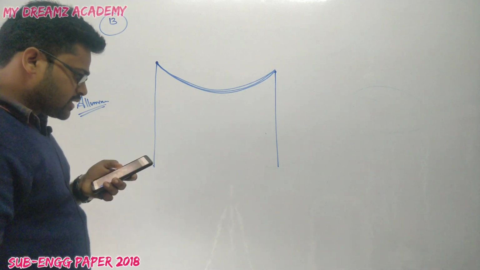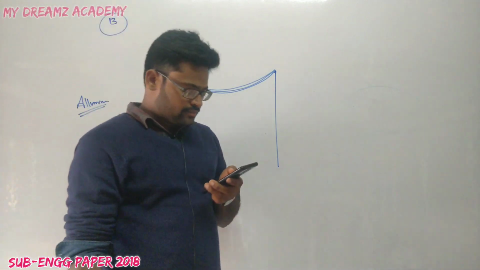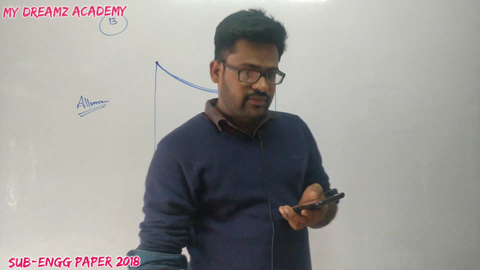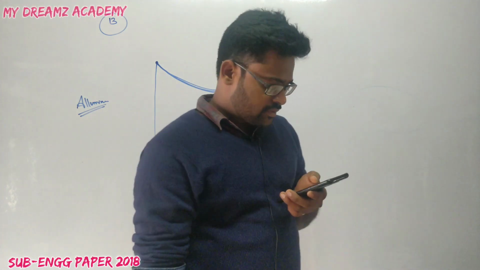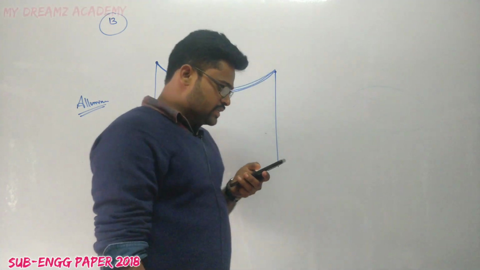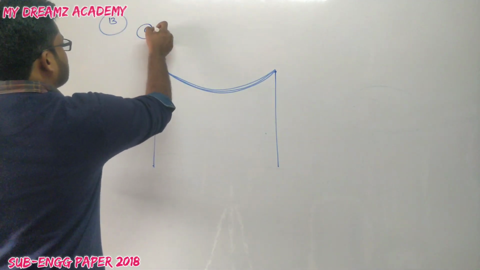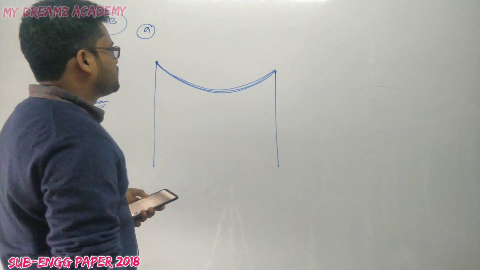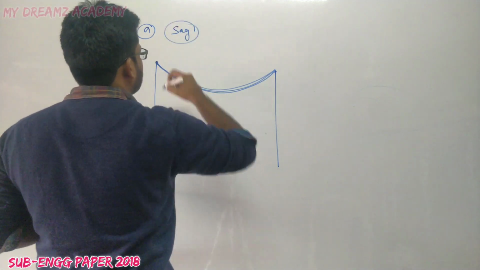The stringing charts are useful: first option, for finding sag in the conductor. Second option, in the design of a tower. Next one, in the design of insulator string. Next one is for finding the distance between the towers. So for 13th question, option A is correct. It is used to find the sag.